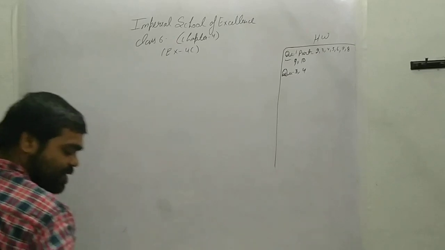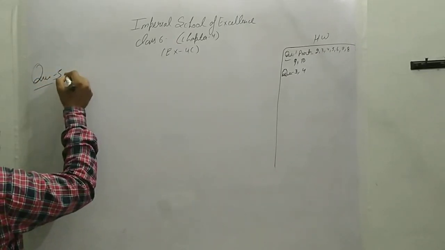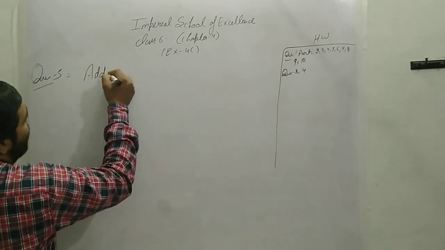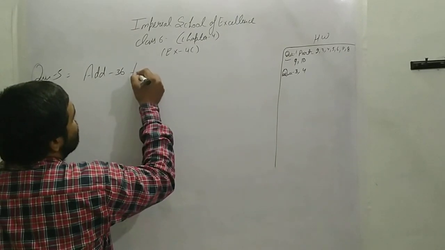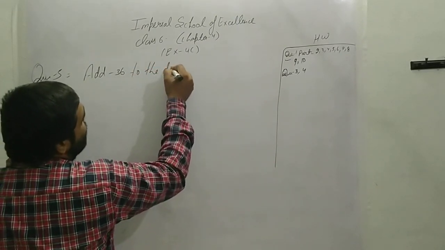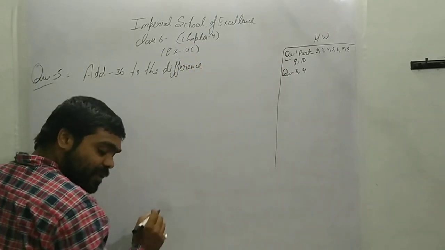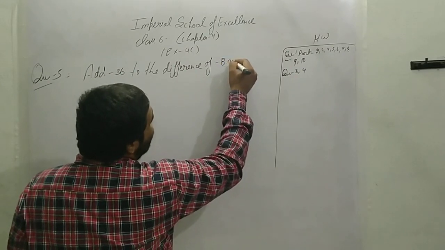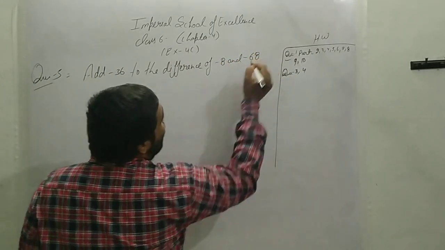Question number 5 is, add minus 36 to the difference of minus 8 and minus 68.